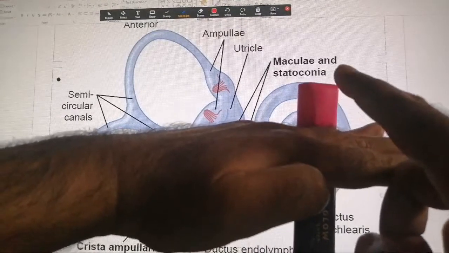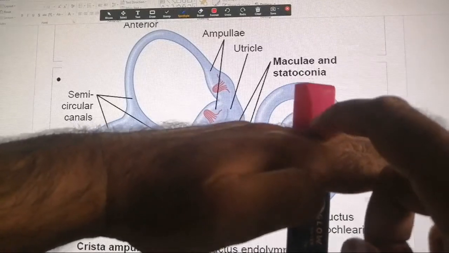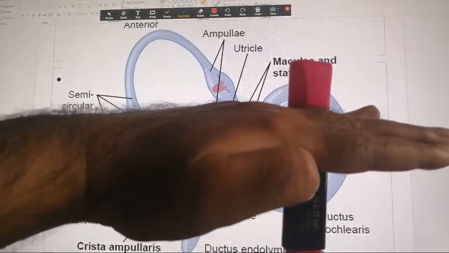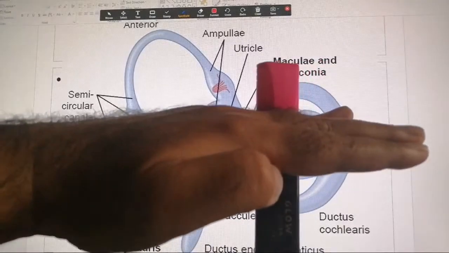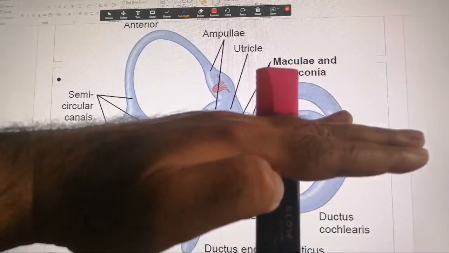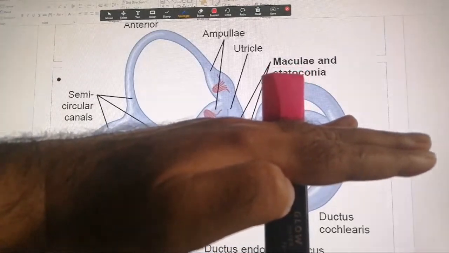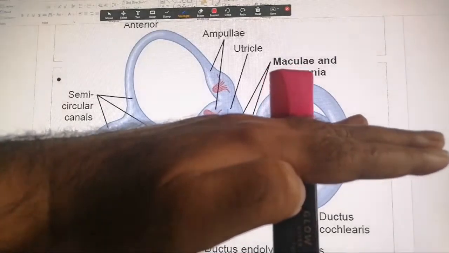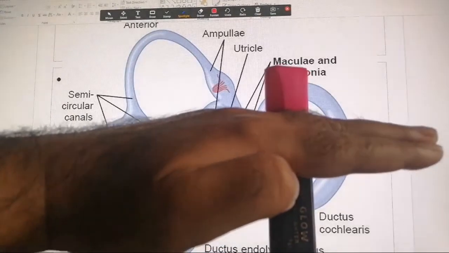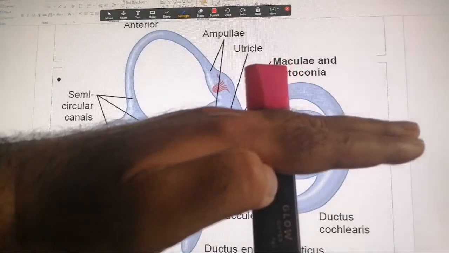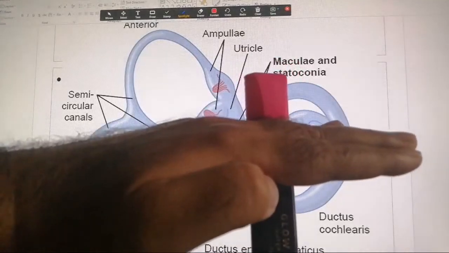I hope you can. All the hair cells are in this direction. Did you get that? Abdullah, concentrate on the screen.